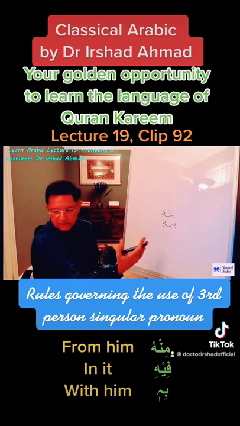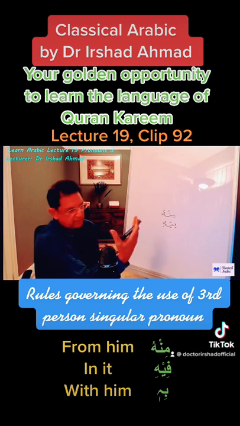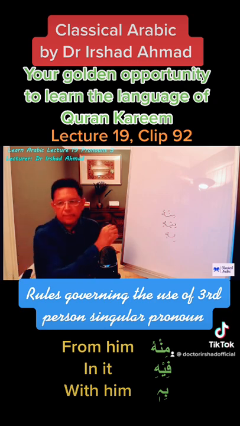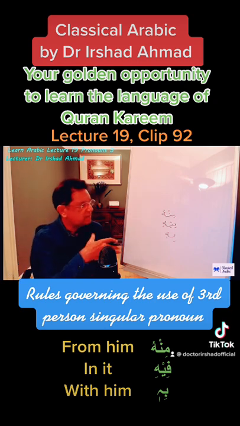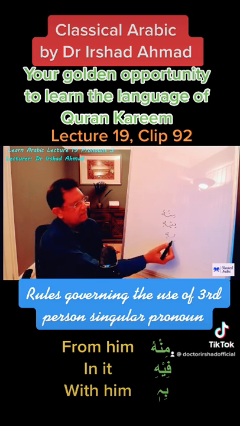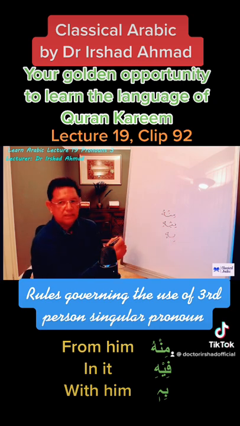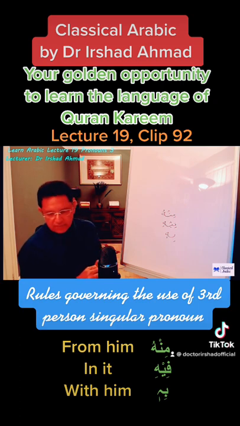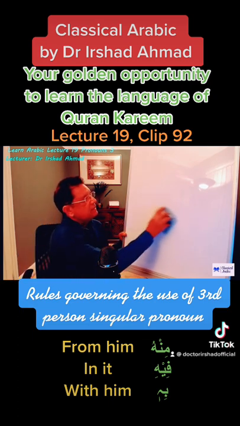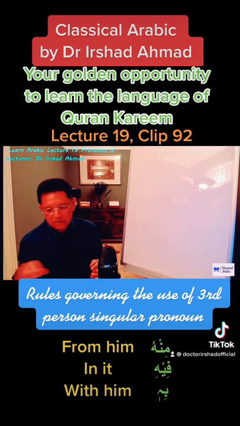For example, when we say with him, we say bihi, with an extension of the voice a bit. That's how in tajweed, when we recite Quran, that's what we say, bihi. So these are the few principles, the rules which govern the use of this third person singular masculine attached pronoun.